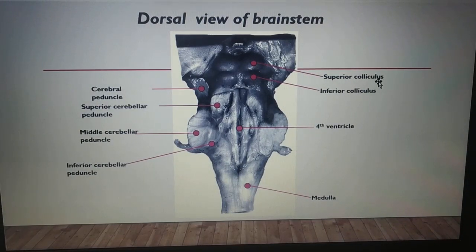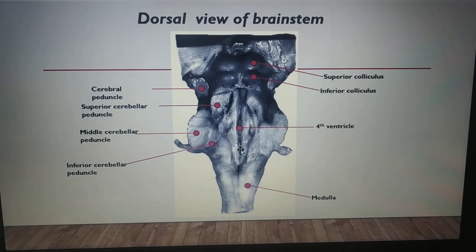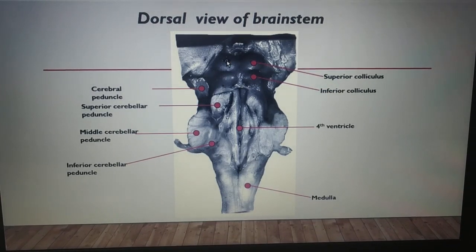On the dorsal aspect, this is the whole brainstem, but we should take only the section of the midbrain. This is the medulla level, this is the pons level, and this is the midbrain level. On the dorsal aspect, we will be seeing the colliculus. Firstly, the four colliculus swellings are seen.